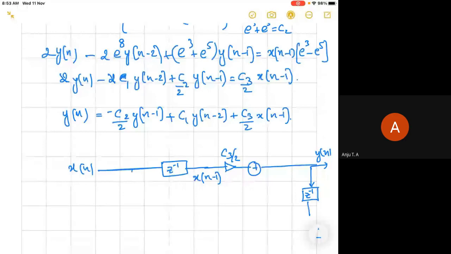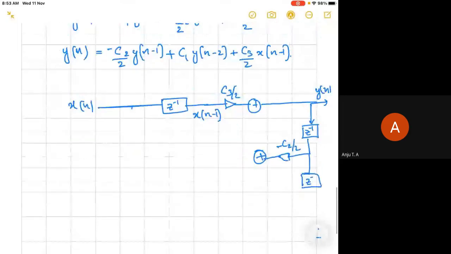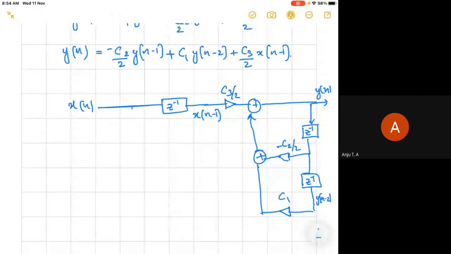Again you multiply it with minus c2 by 2. You have to add it with yn minus 2. So you take a delay again. This is your yn minus 2. From yn minus 2 you multiply it with c1. After multiplying it with c1 you add it with this, and everything you add with c3 by 2 xn minus 1, which is coming here. All these are added together to form y.